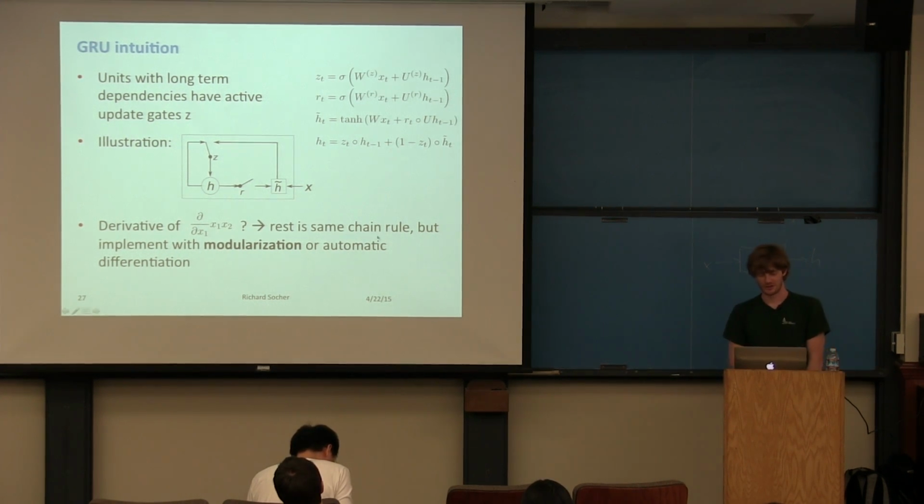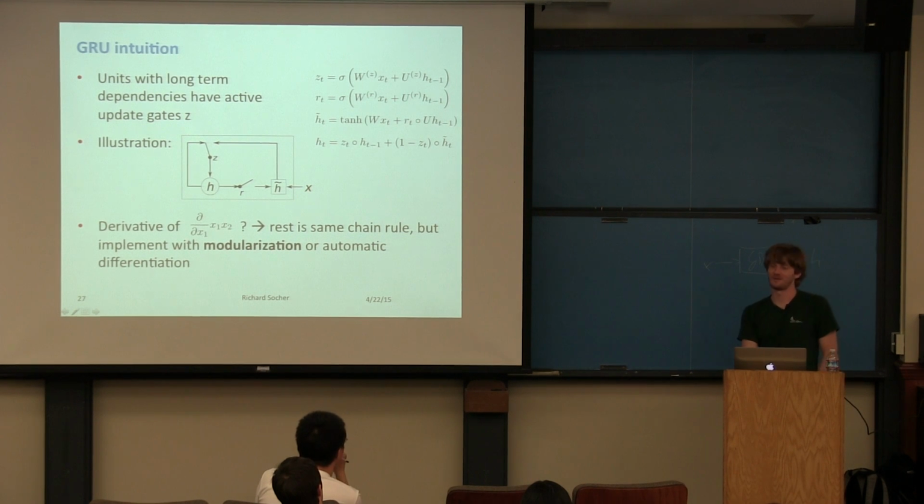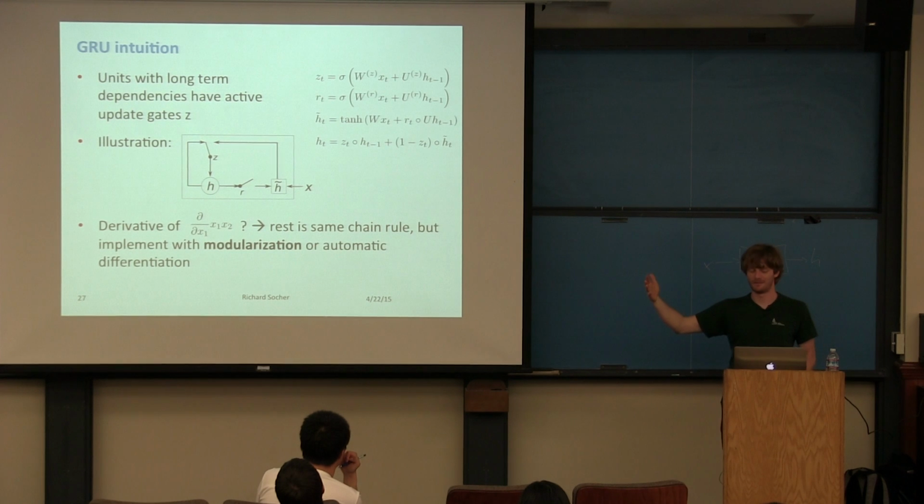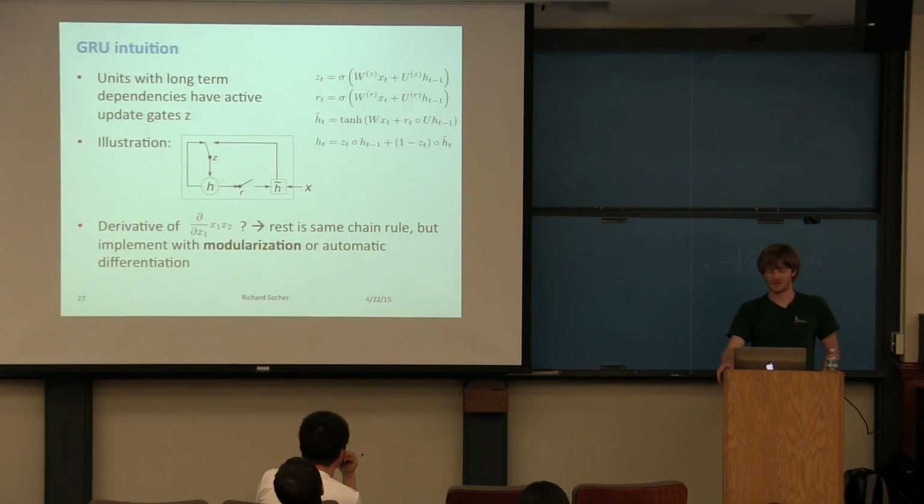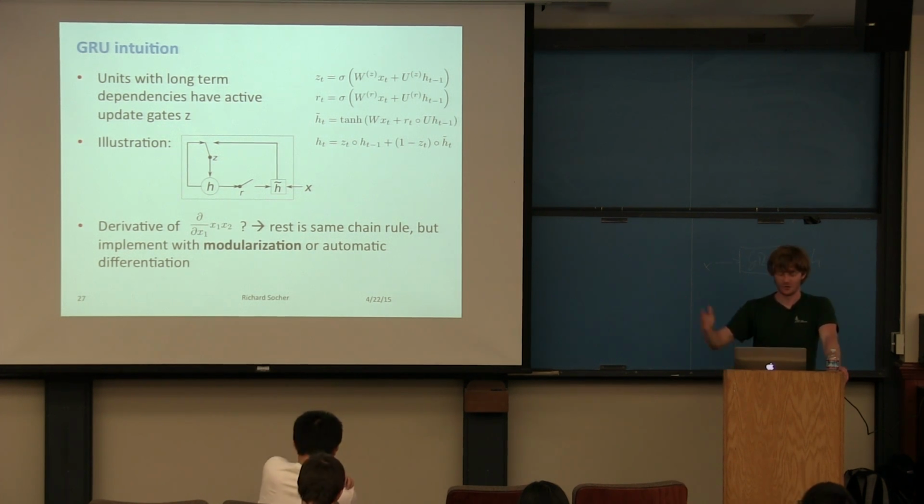For those of you who, even after all the pain from the problem sets, still really don't like to take these derivatives by hand, you can use systems like Python's Theano, which allows you to simply define your model exactly this way. You just define the forward propagation, and unlike with graphical models, where once you know the definition of your generation procedure, you still have tons of work, and it's unclear how to do actual inference, once you know this forward propagation, everything else is deterministic.